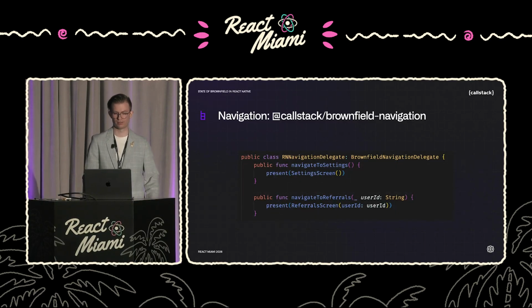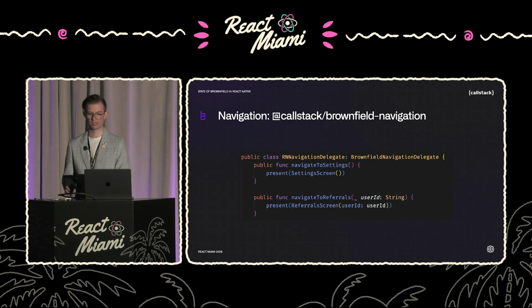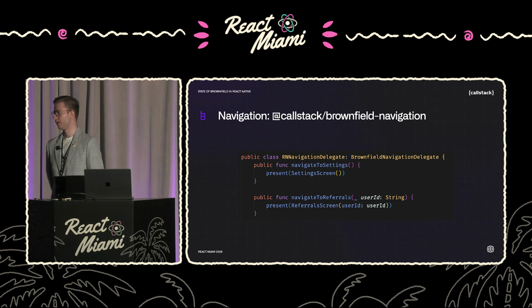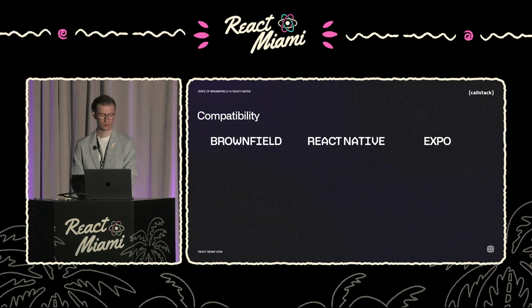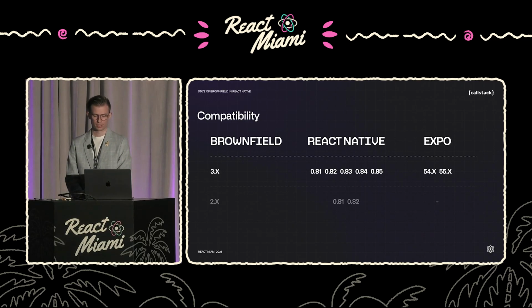And in the end, you can implement your class that is a delegate to this code gen glue code, and it can contain the actual implementation of the native actions that should be executed as React Native calls into those navigator actions.